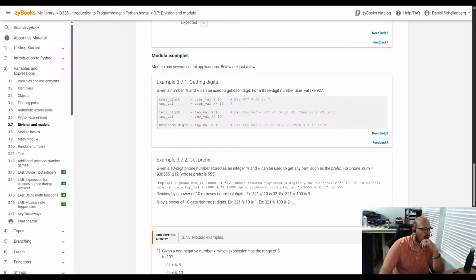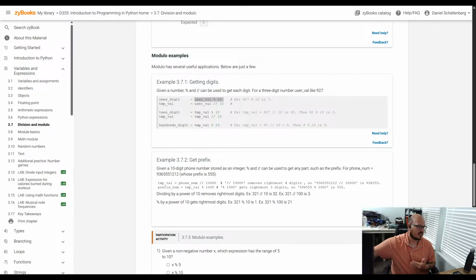Okay, and just for kicks, we're going to take that example and do the math to make sure we understand how this math is mathing. The example used was 927 modulo 10. So we do 927 divided by 10, which is 92.7.